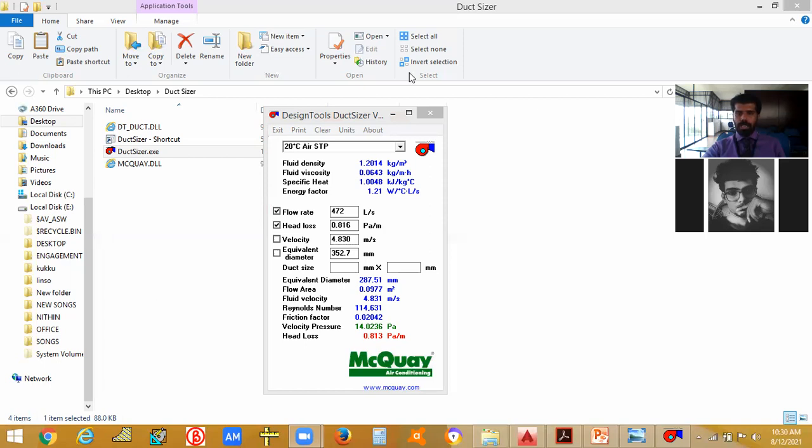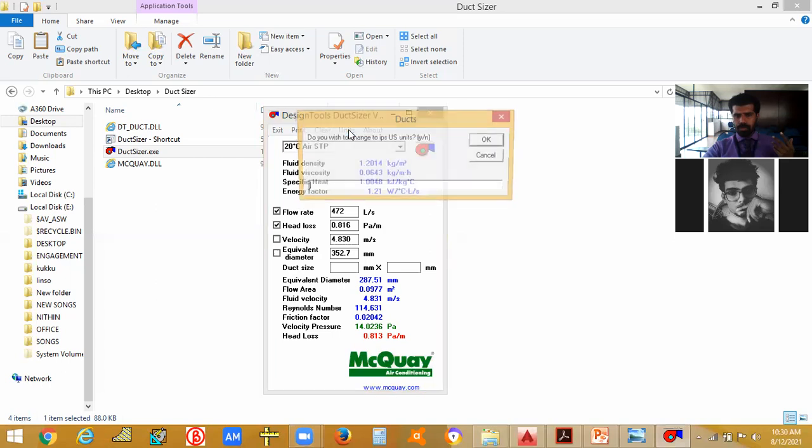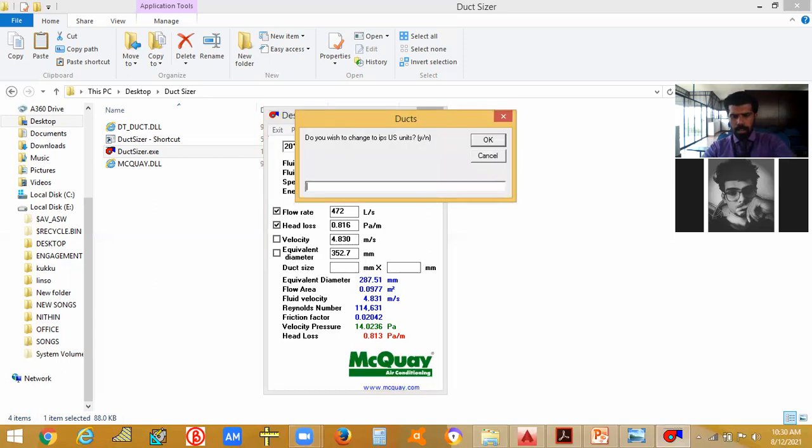Do we need to check head loss match? Head loss? Yeah, we have to look at the head loss. No, here we are finding the value. Here we are giving the head loss.